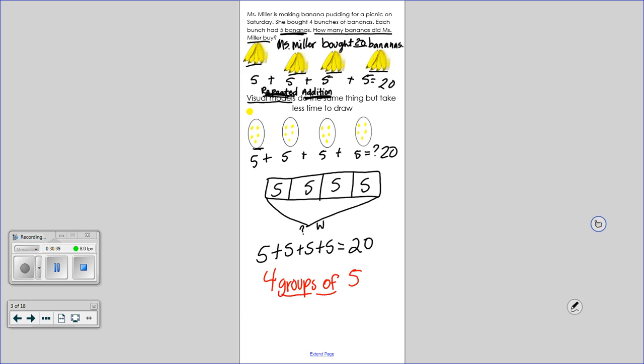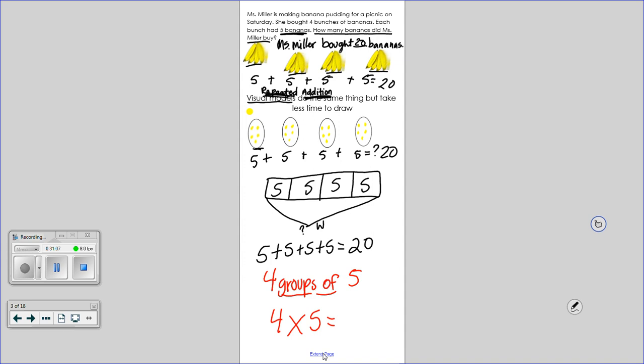Groups of is how you read a multiplication problem. When you are talking about groups of something, you are doing multiplication, because that equation is going to look like 4 groups of 5. That's what the multiplication symbol means. Multiplication means groups of.